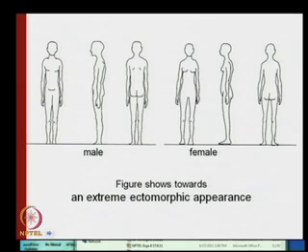Now, we will see some figures of an extreme ectomorphic appearance, lean and thin. These are for females, male, front, side, backwards, not a very graceful standing posture, and for female also.